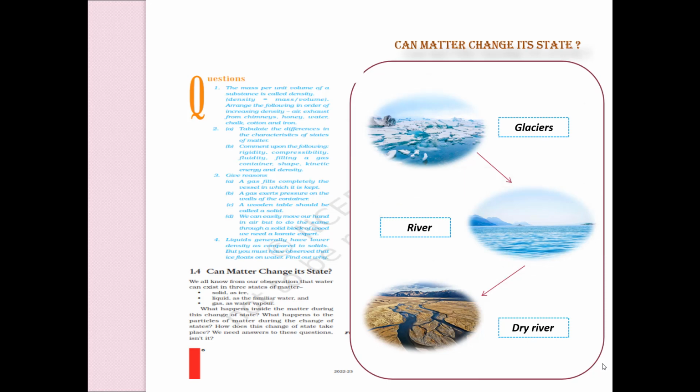And as the river keeps on flowing down and comes to meet the sea, there are cases where we see the river dries down. So in this case, you see the ice getting converted into the liquid water and again the liquid water vanishing and vaporizing.